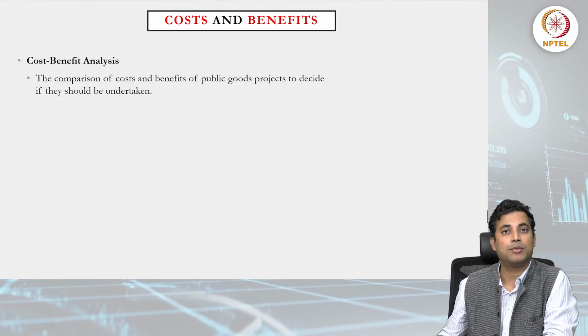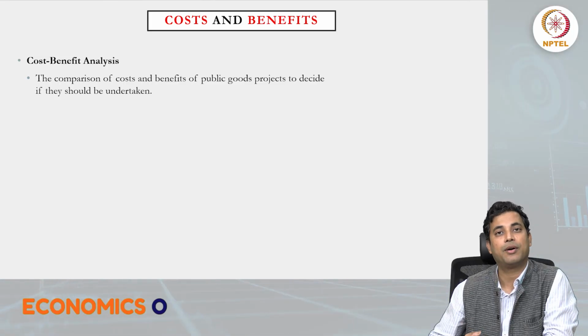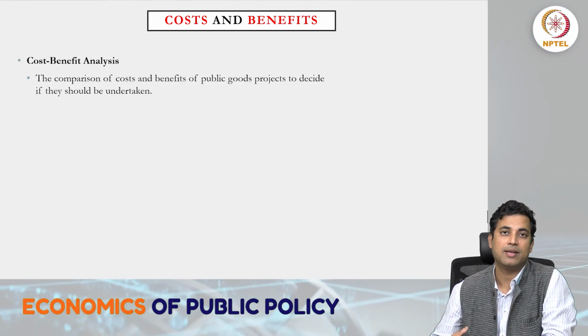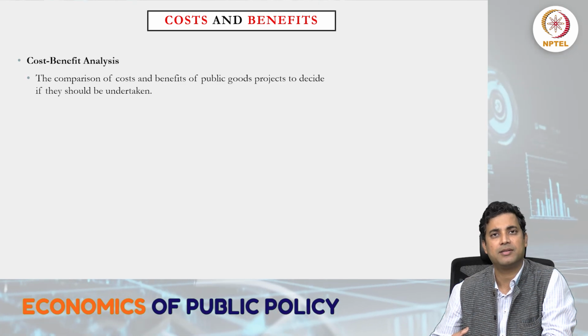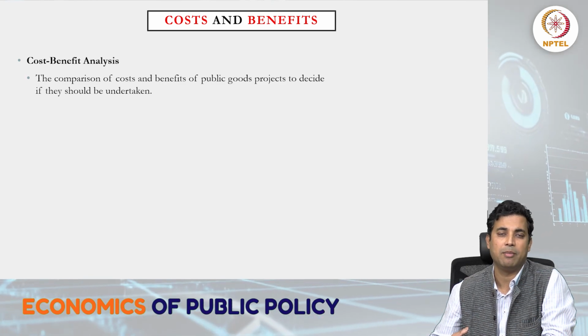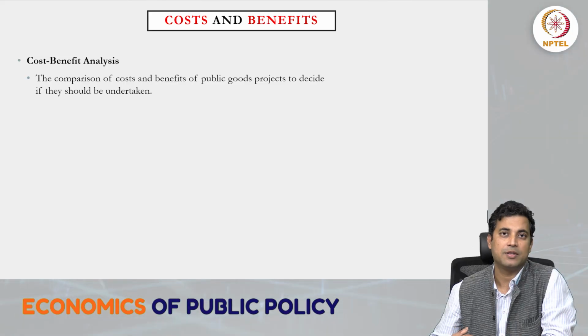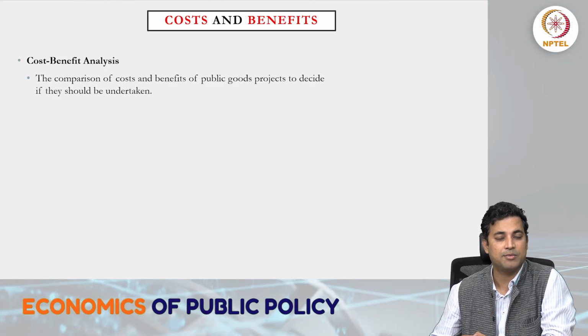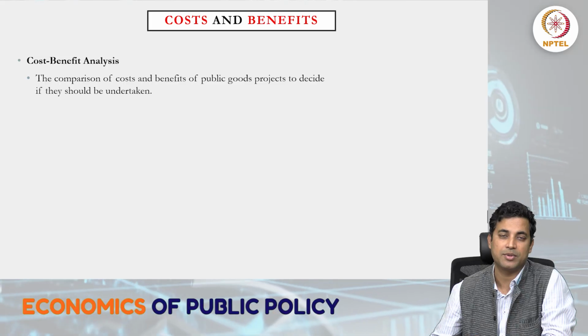It is the comparison of the costs that are incurred for any public policy. Some public policies are very expensive to implement, for instance some of the social policies, like social assistance programs and social insurance programs.